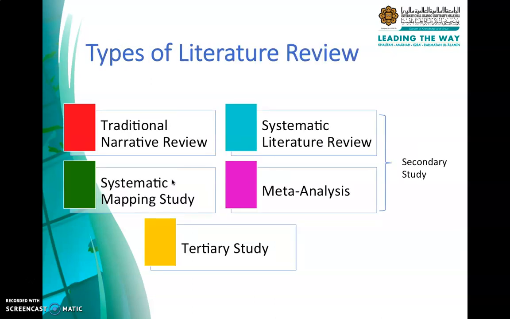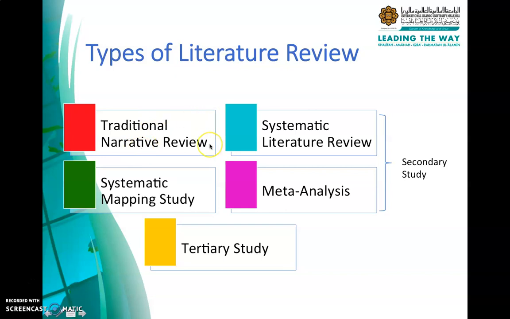So now, before I come to the secondary study, let me explain in general. There are several types of literature review. The first one is the traditional narrative review. This is the most common technique that people use in order to review studies. The traditional narrative review is the way that you conduct a review without any systematic methodology.